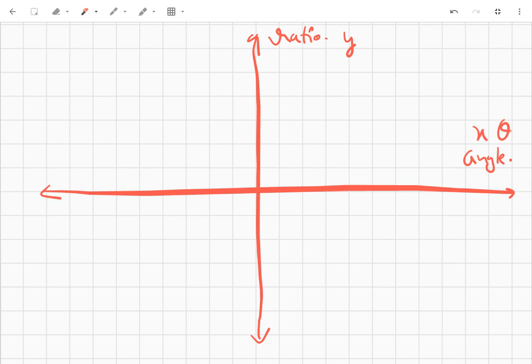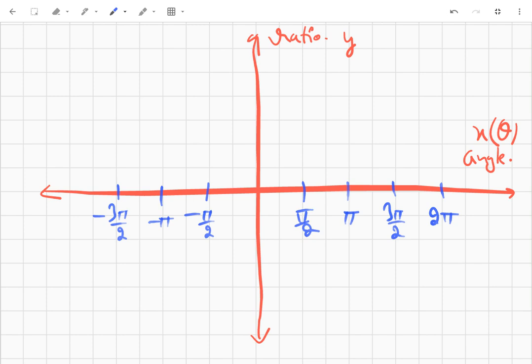Y-axis, x-axis are theta. Let me mark the points again quick. This was pi over 2, pi, 3 pi over 2, 2 pi, negative pi over 2, negative pi.